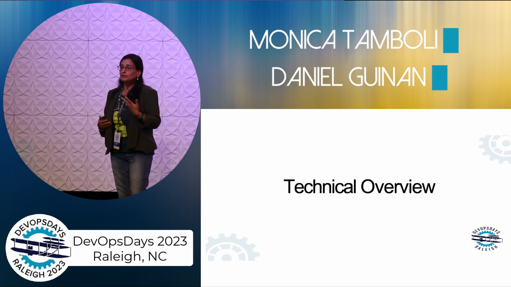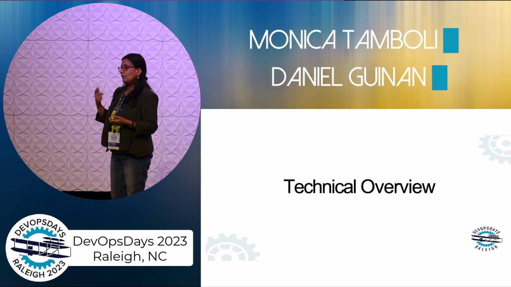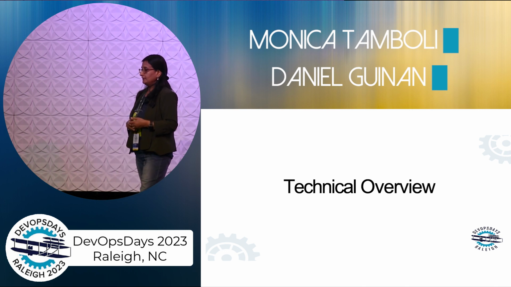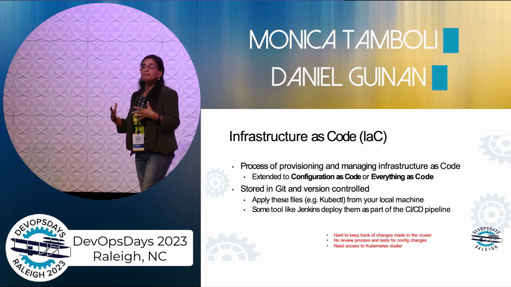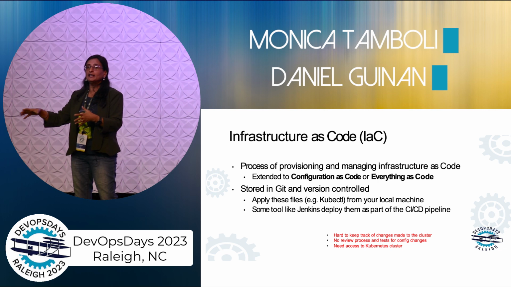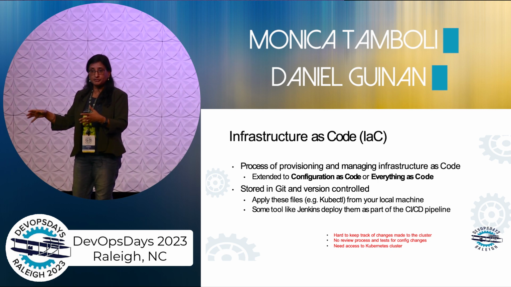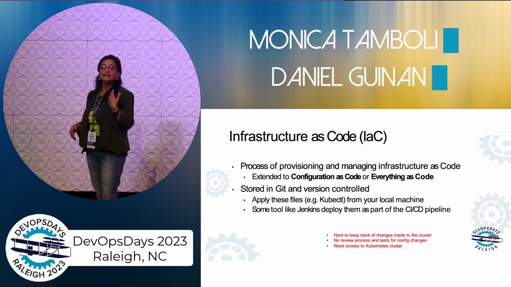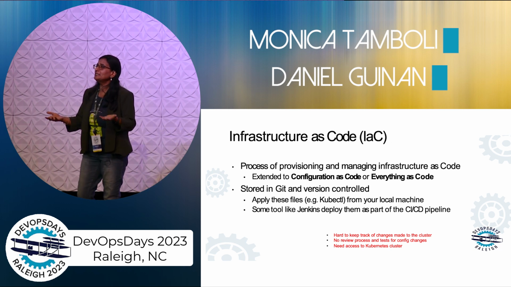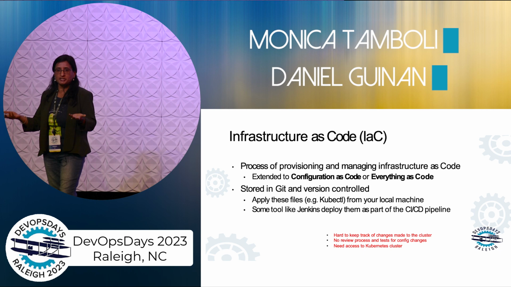So we'll go over a little technical overview of GitOps. I feel a lot of people are somewhere here where they're already invested in infrastructure as code, where you have written your configuration in YAML files, and you probably stored it in Git, and they are version controlled.